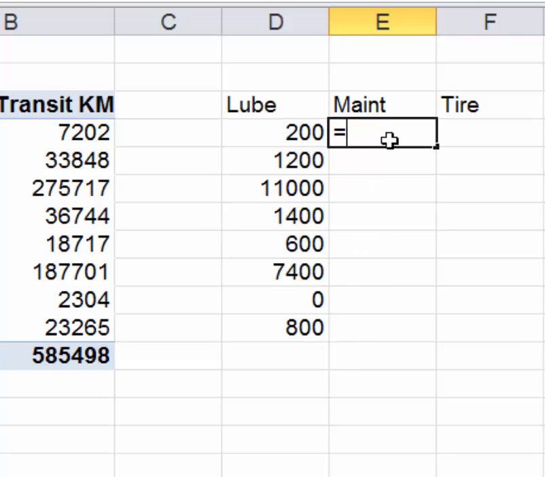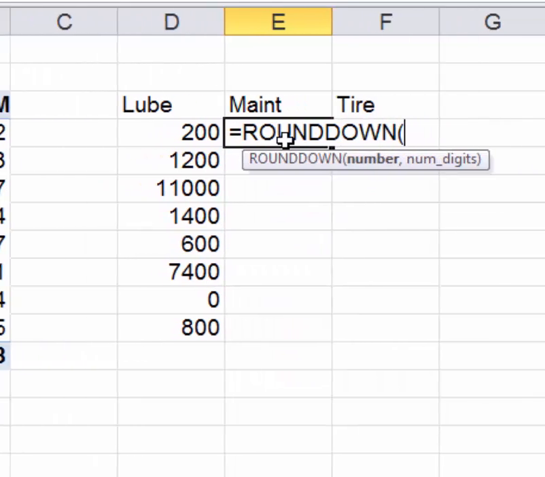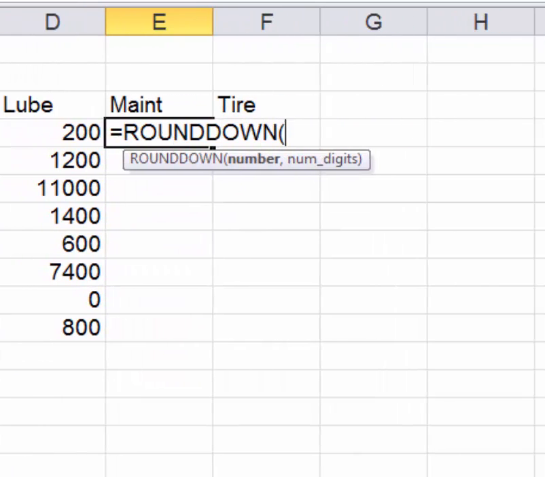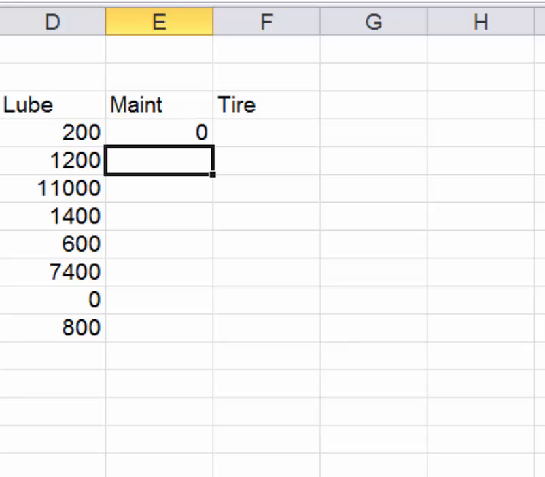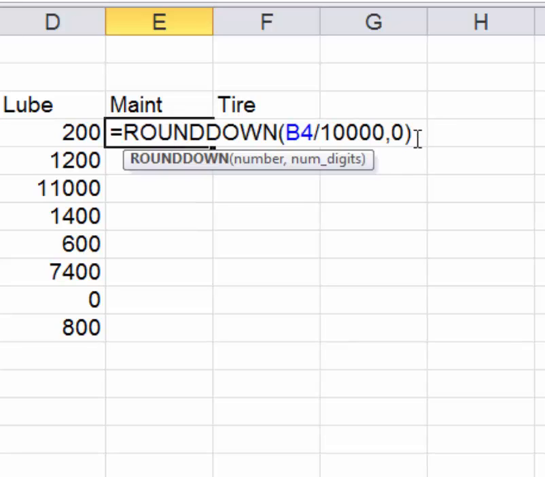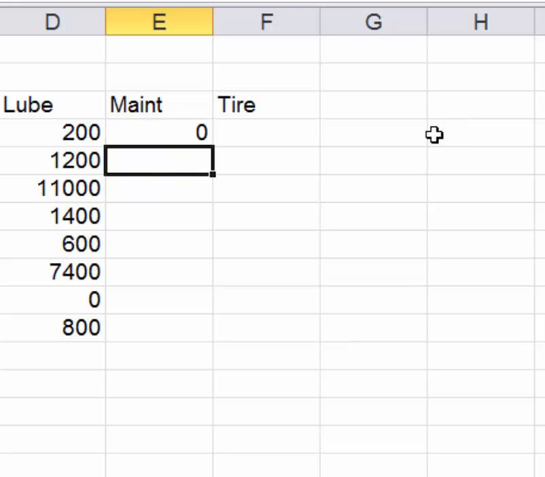So let's do an equals round down again, just to make things easy for us. So it's B4 divided by 10,000, and we'll do it to 0 decimals. Just to show you, the first one will be a 0, and the second one should be a 3, right? So now what do we want to do? We want to multiply this by a cost of $550, and that'll be your maintenance cost.